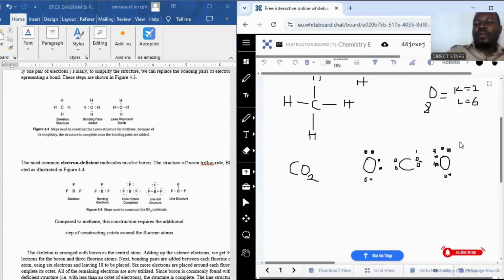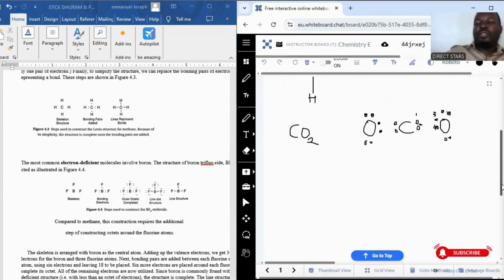So if I want to draw the line structure of this compound, all I need to do is, remember, anywhere they pair up is a line. So I have a pair up here, you will agree with me, 1 here, 1 here, and there's a pairing here between carbon and oxygen, and there's another one here.